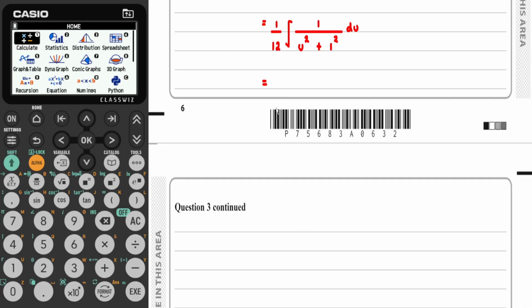Meaning we end up with 1 over 12 times the arctan of u plus c as our result. And because we know u is equal to 3x over 4, we have 1 over 12 times the arctan of 3x over 4 plus c.